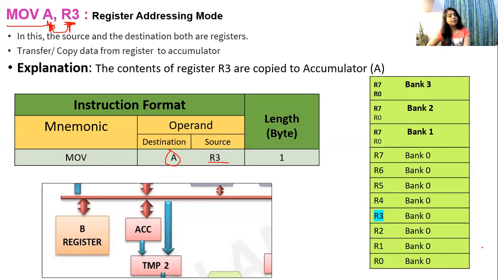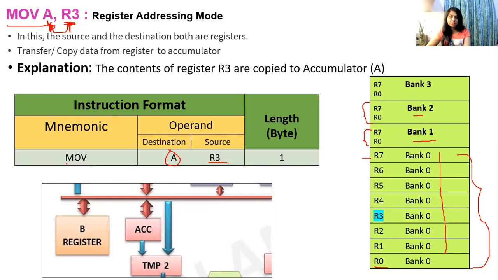In that, there are 4 register banks. In each register bank, there are 8 registers, that is from R0 to R7. Now let's take an example of register bank 0. So there are 8 registers from R0 to R7. In bank 1 also, there are again 8 registers with the same name. In bank 2, again 8 registers with the same name.